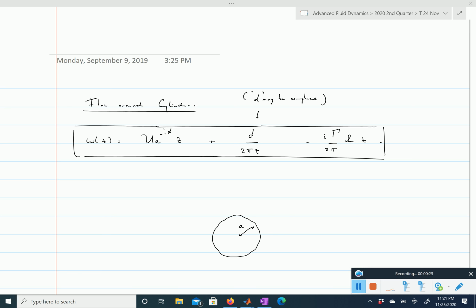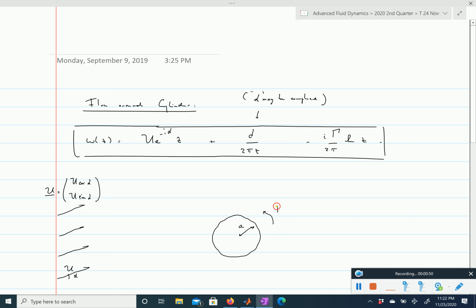We'll assume that the flow at infinity is not in the x direction, but makes an angle alpha with the horizontal direction. And we will assume that there is a circulation around the cylinder, which we'll call gamma.